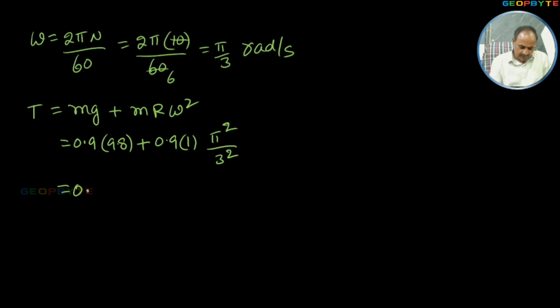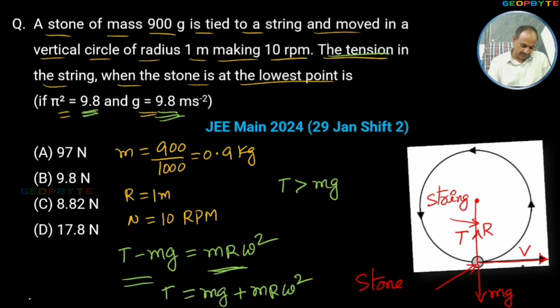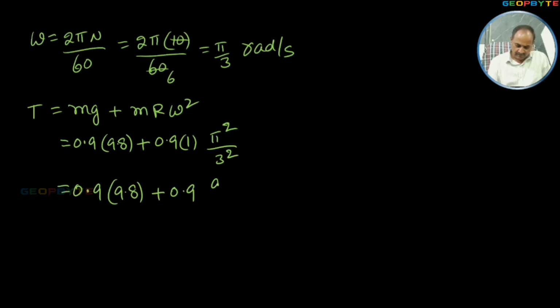It is equal to 0.9 into 9.8 plus 0.9 into pi square, given 9.8, divided by 9.